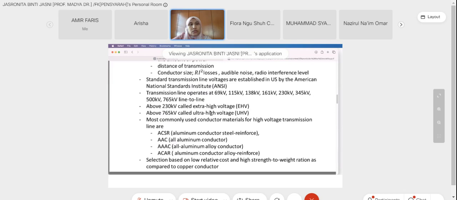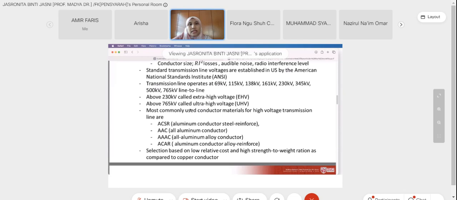And then state here, above 230 kV, we call it extra high voltage. And then above 765 kV, we call it ultra high voltage.